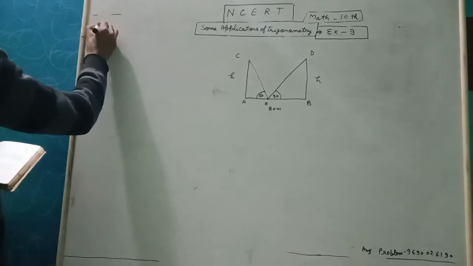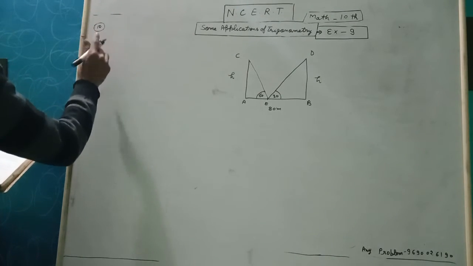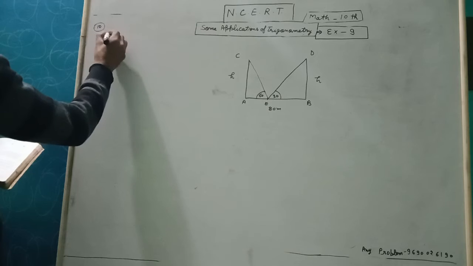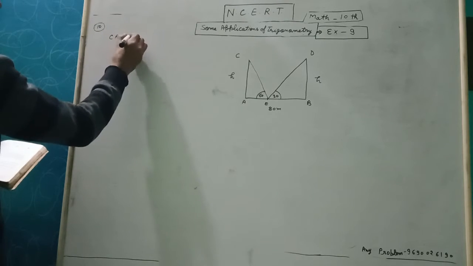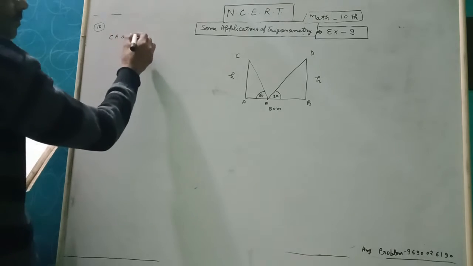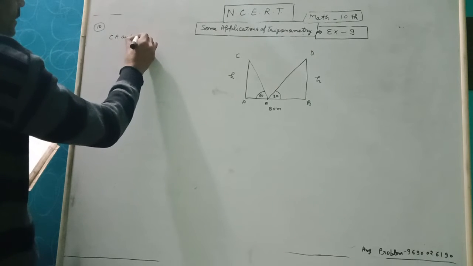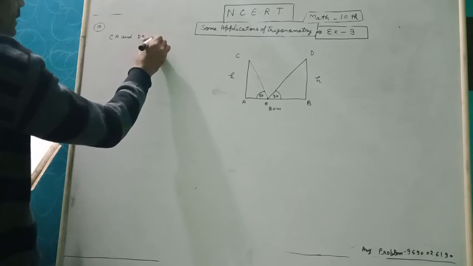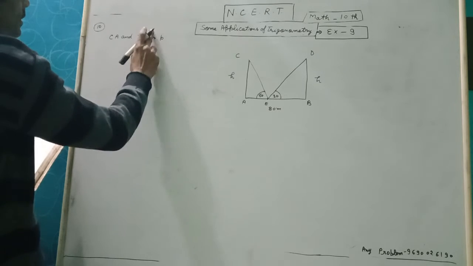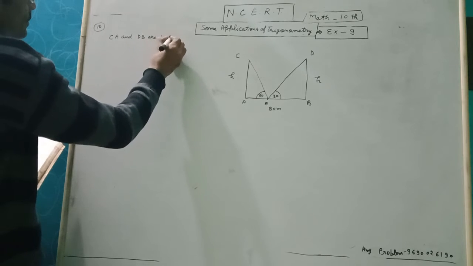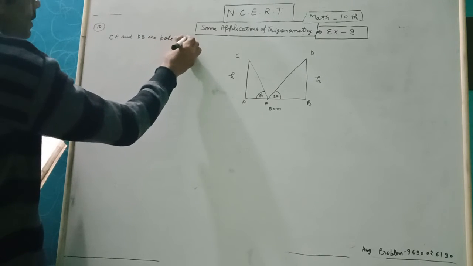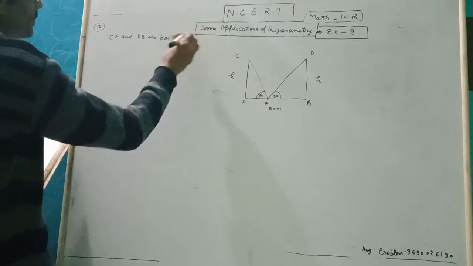Question number 10. CA and DB are the poles, equal to h meter.